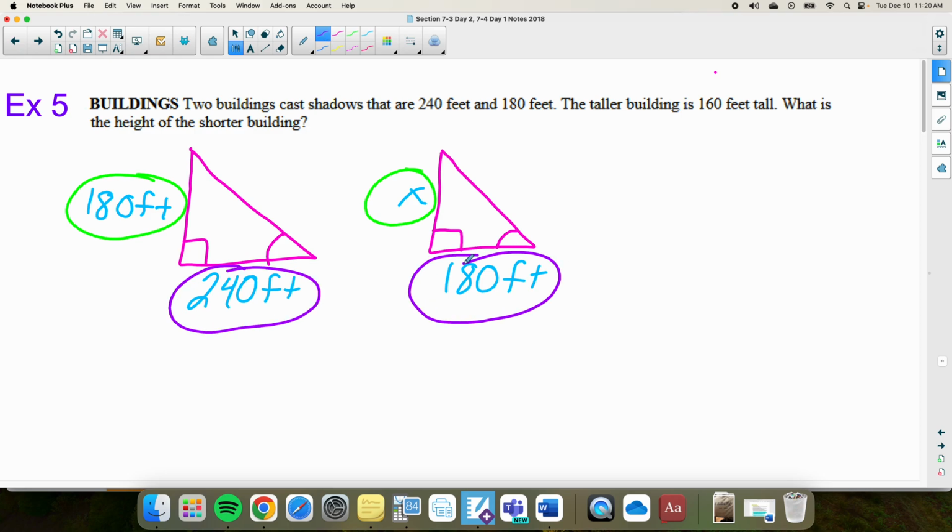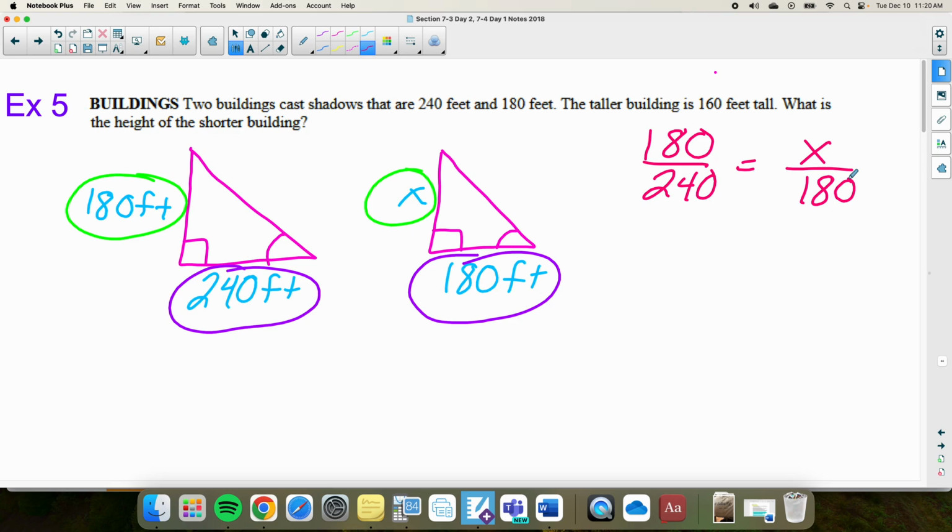So let's say I went green over purple in this one, green over purple in this one. So I could go 180 over 240 equals X over 180.